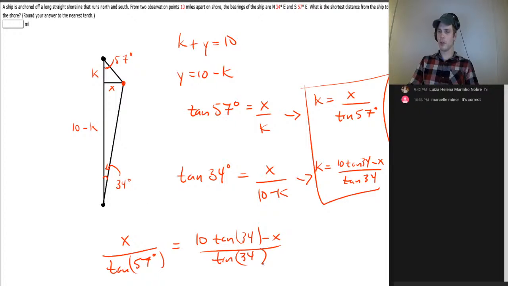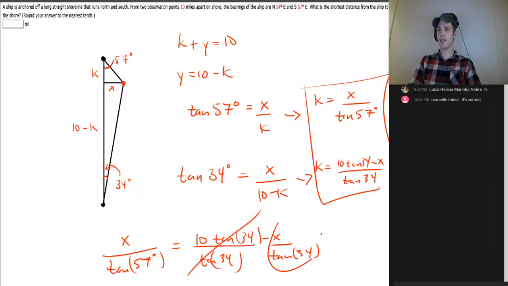And then we can use this to solve for X. I'm going to break this thing into two fractions, since it has the same denominator, I can just separate it. And these two will cancel, so it's just 10.